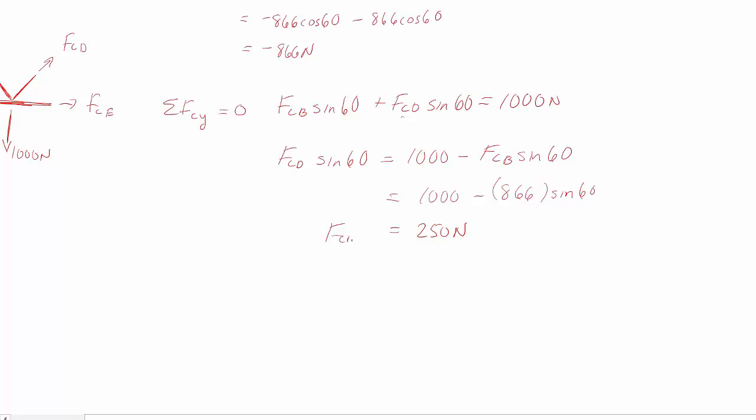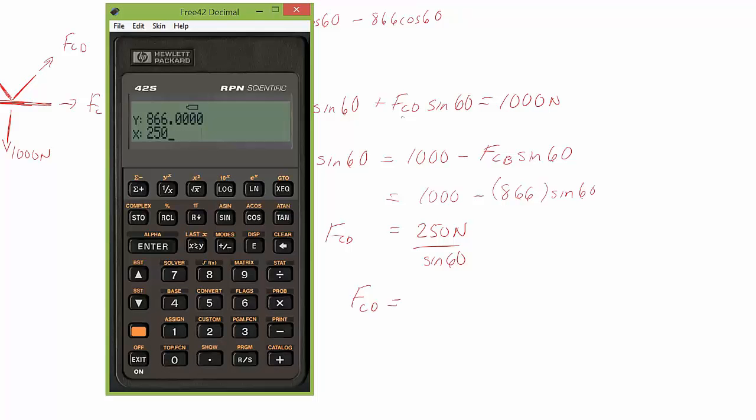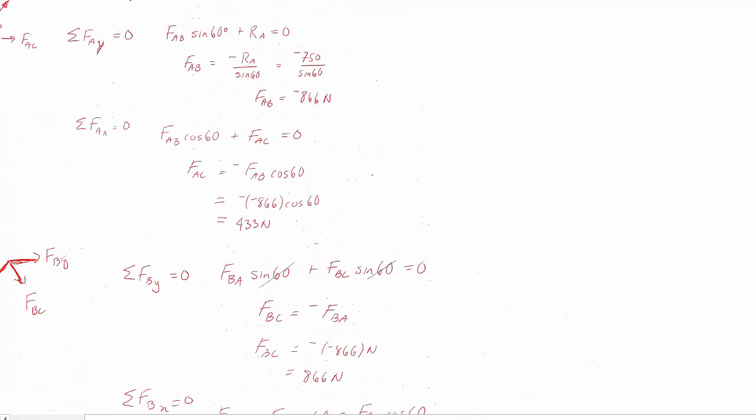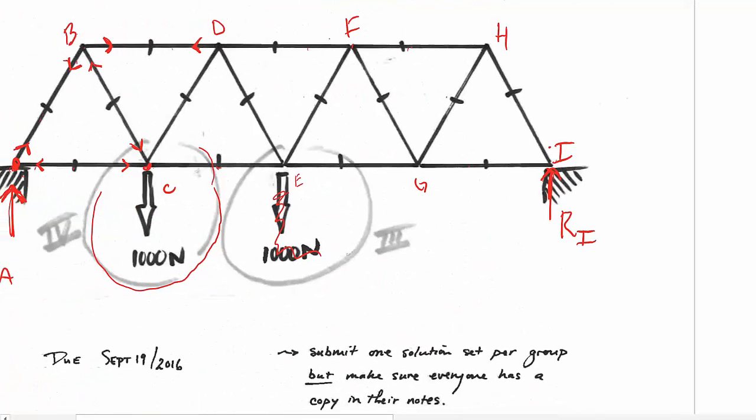So FCD is equal to 250 newtons divided by sine 60. 288 newtons. And that is a positive number, so that is a tension. FCB is a tension. And I think that makes sense. You're pulling down on this joint that causes both those to go into tension.